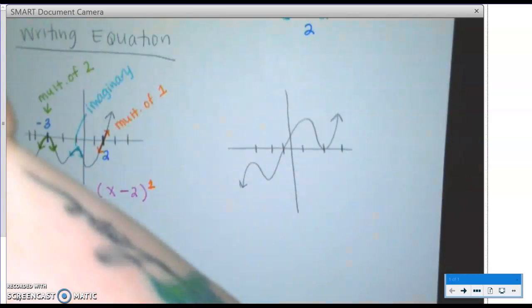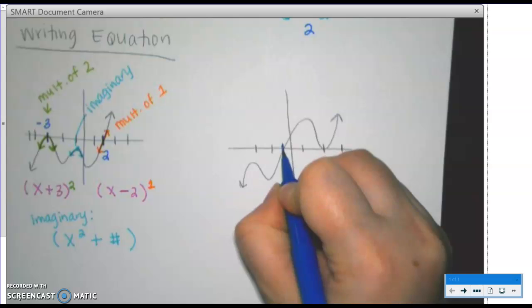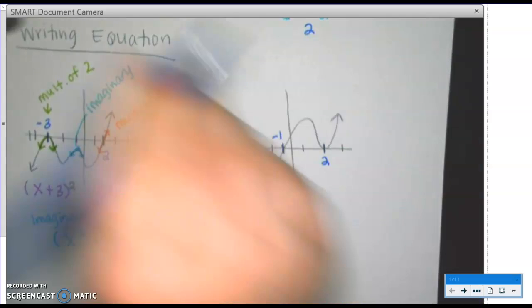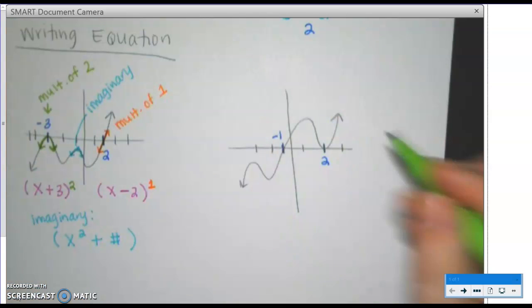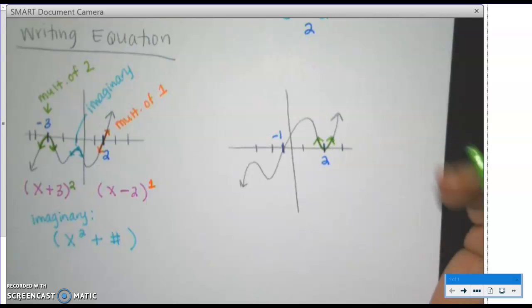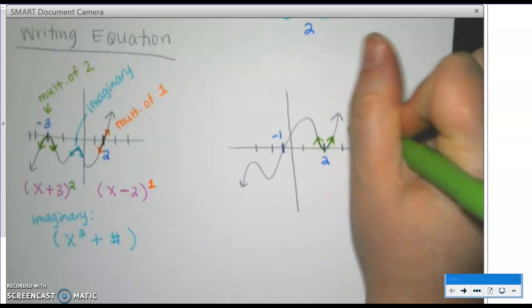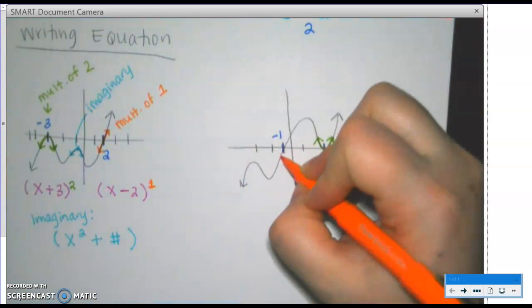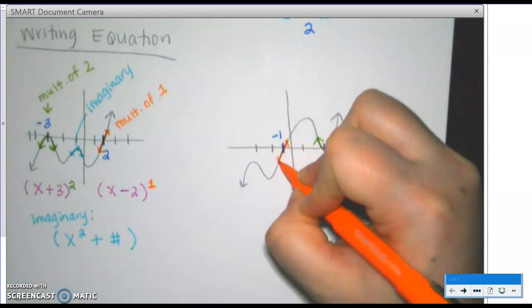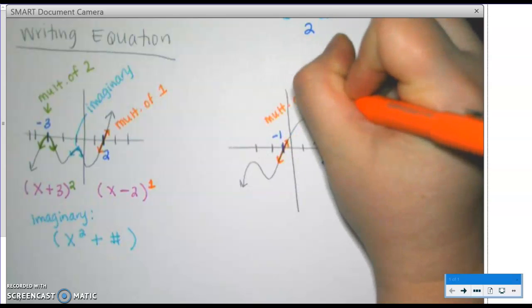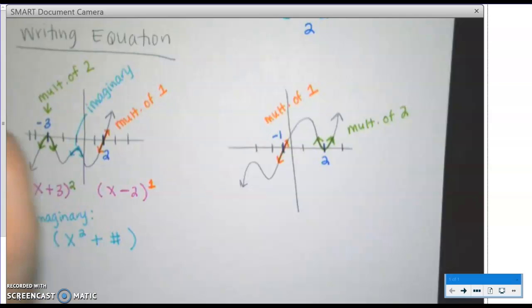So my x-intercepts, I have -1 and +2. I'm going to check out the multiplicities. So again, this has a multiplicity of 2 because that looks like a parabola. This one is going straight through, so this will just have a multiplicity of 1, which basically means it will have no exponent.